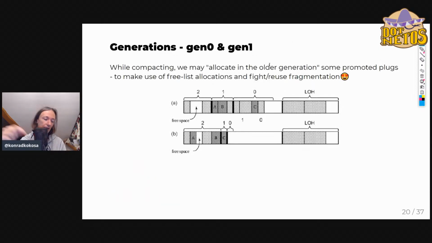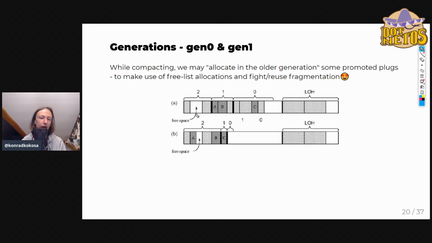One more thing, and it will also answer your question regarding Gen 1 GC and allocation in gaps there. When we are compacting, we can do something magical, but also pretty straightforward and beneficial at the same moment.